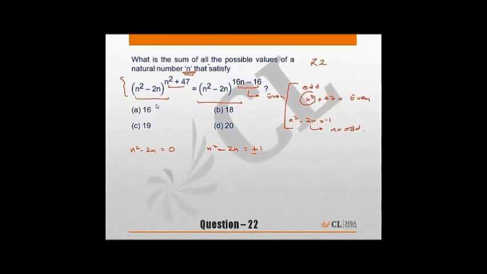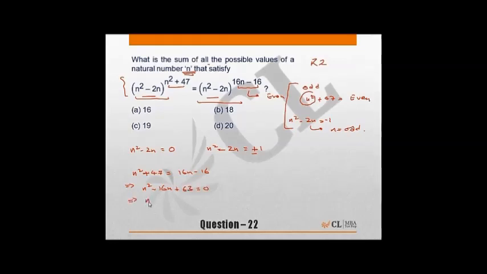And the third case is, since the bases are the same, n square minus 2n, the powers should be equal. So n square plus 47 equal to 16n minus 16. Let's solve this. So this implies n square minus 16n plus 63 equal to 0.